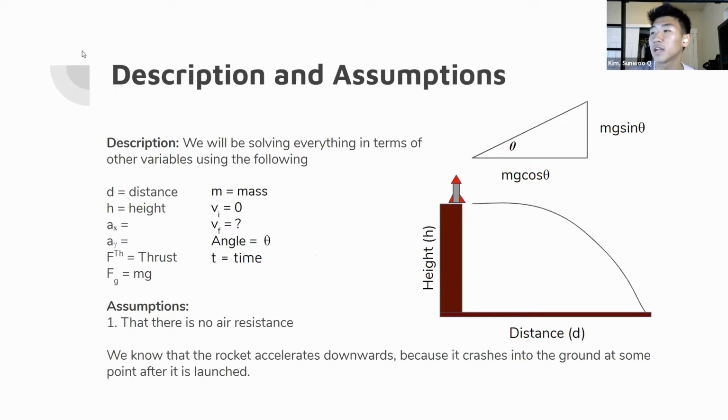We're trying to solve for final velocity. We have angle as theta and t for time. The assumptions that we are making are that there is no air resistance, and that the rocket accelerates downward because it crashes into the ground at some point after it is launched.